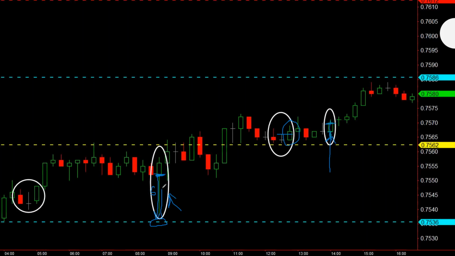Buyers stepped in and they took it all the way back up to close right at the top. This is very significant because it was sellers in effect trying to take control and they failed, okay? So this is a selling failure bar, if you will, and that's what the pin bar is telling you.